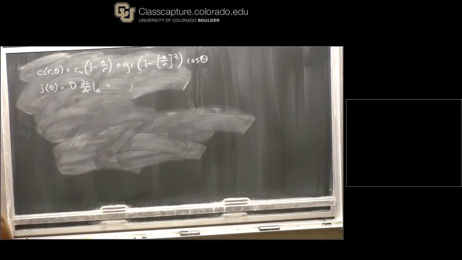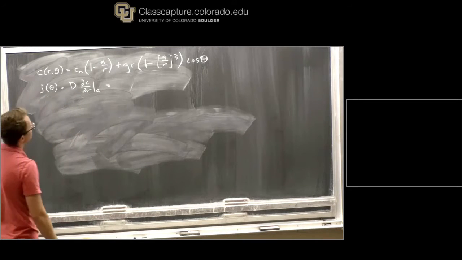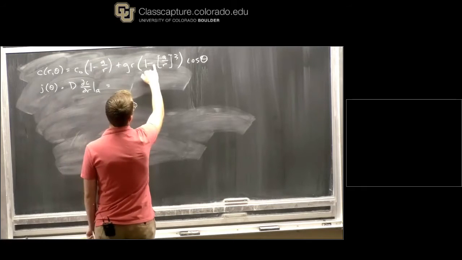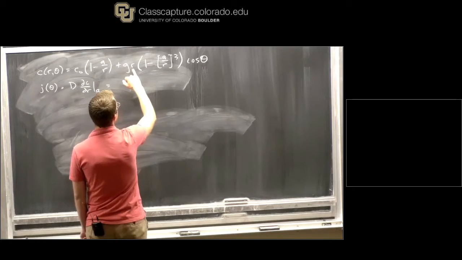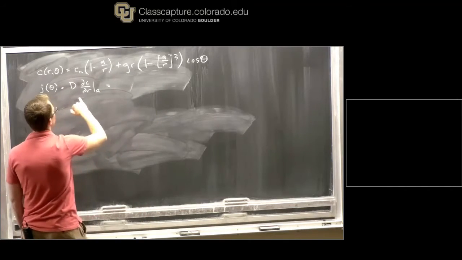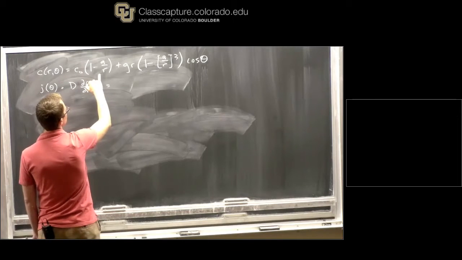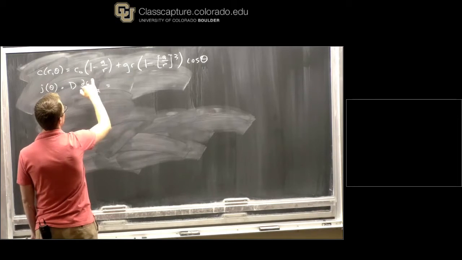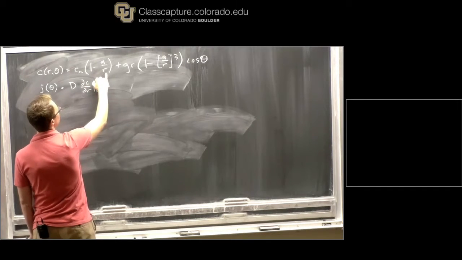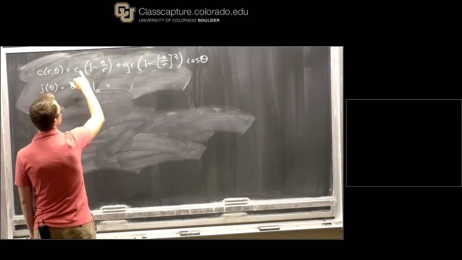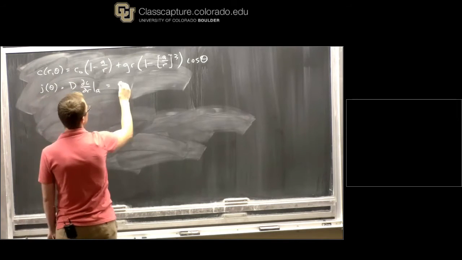And so I take a derivative with respect to r. I get an r squared on the bottom here, but I plug in a, I get an a on the bottom. I get a c naught on the top, and I get a D on the top.